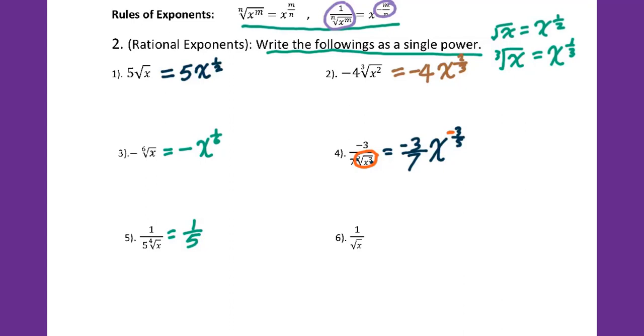Then 4th root of x as the denominator. Therefore, you will get the negative exponent, negative 1 over 4th power. For number 6, you will get a negative exponent because the square root of x is in the denominator. So you get x to the negative 1/2 power.